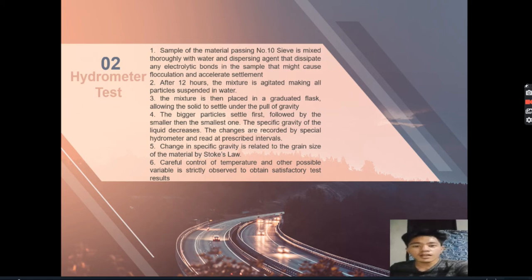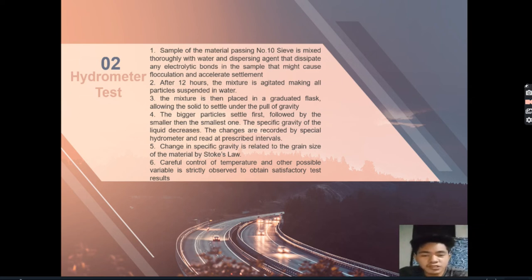After 12 hours, the mixture is agitated, making all particles suspended in water. Number 3. The mixture is then placed in a graduated flask, allowing the solid to settle under the pull of gravity. The next is number 4.